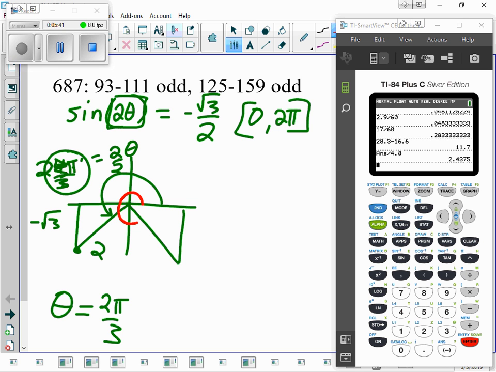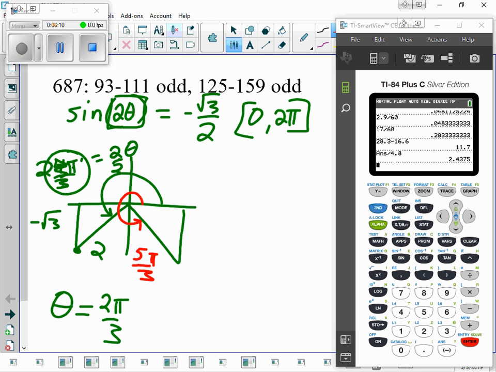All right, let's do the next angle. How big is this one? Look at your unit circle. Which angle in quadrant 4 gives a sine value of negative root 3 over 2? And we need to do it in radians. So 5 pi over 3. Now what?